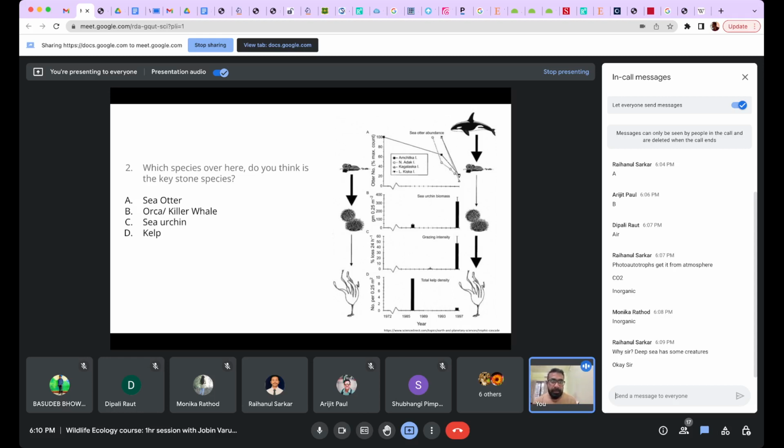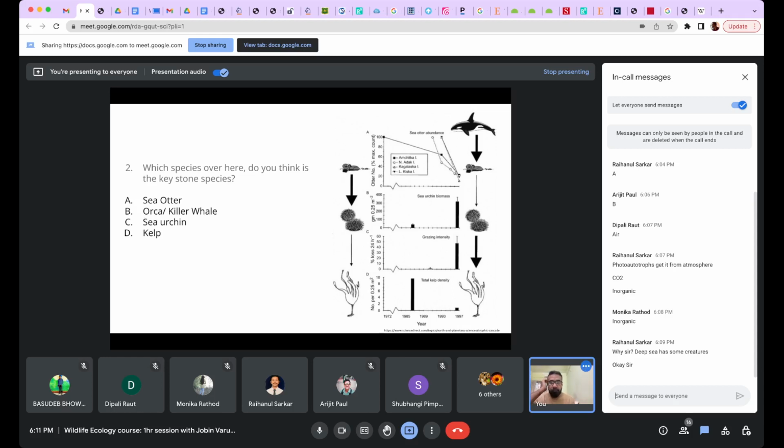In the graph you have sea otter abundance, which is going down, sea urchin biomass, which has two graphs to it, 1986 I think, and 1997, then grazing intensity for all these years, and then total kelp density for all these years.